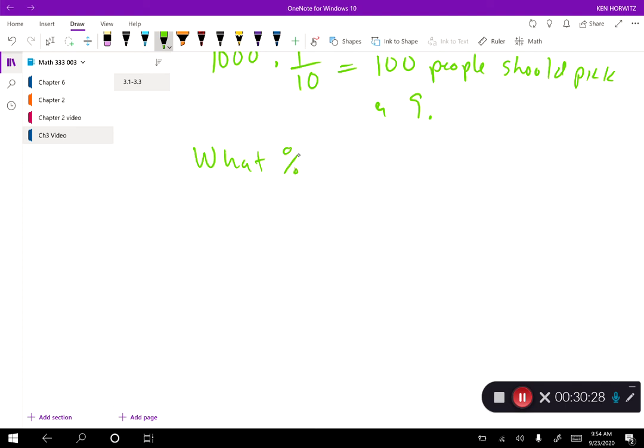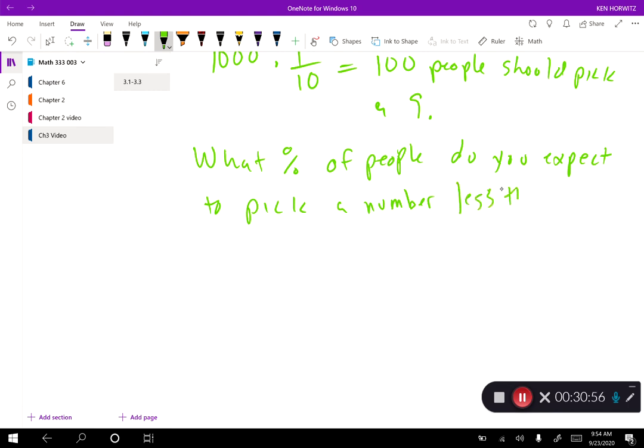What percentage of people do you expect to pick a number less than or equal to 6?